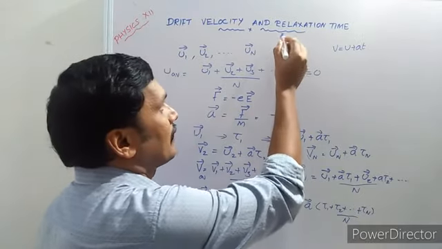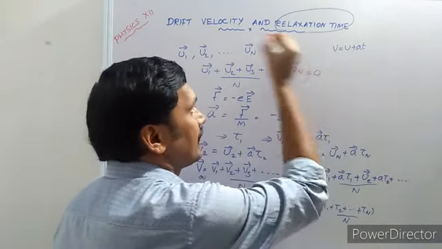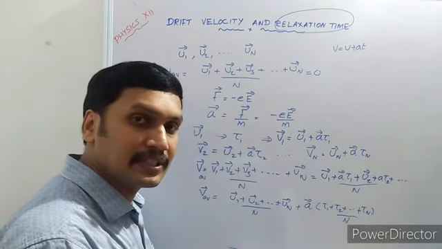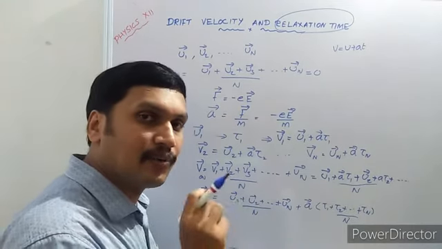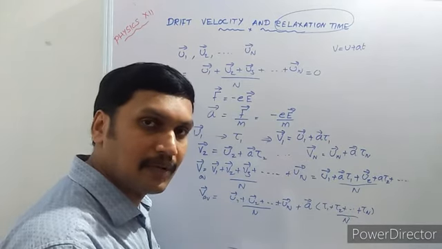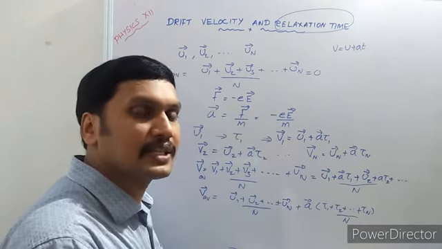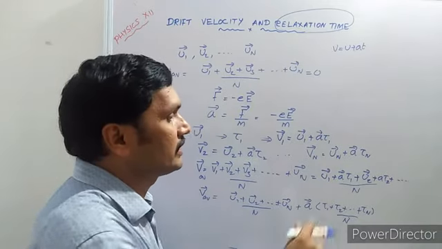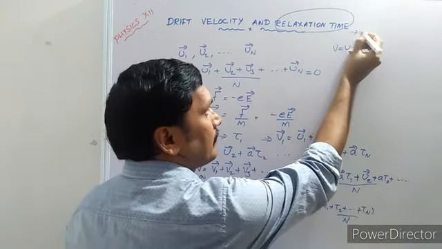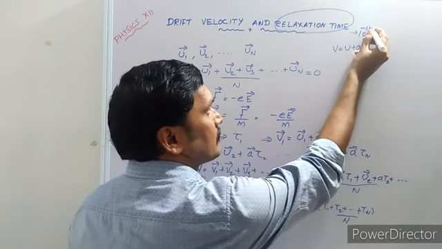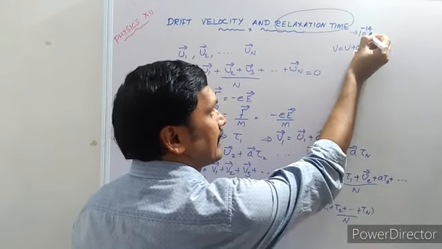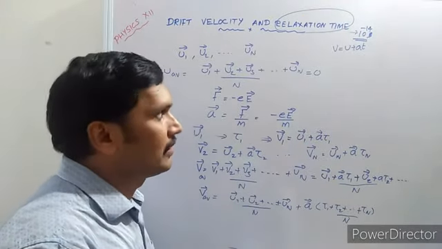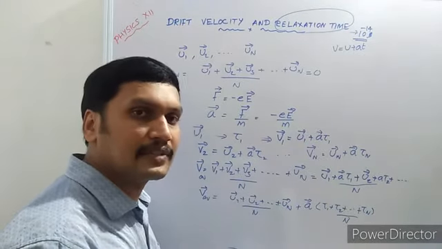That term is known as the relaxation time. Relaxation time is defined as the average time interval between any two successive collisions, and it is very small, in the order of approximately 10 raised to minus 14 second.